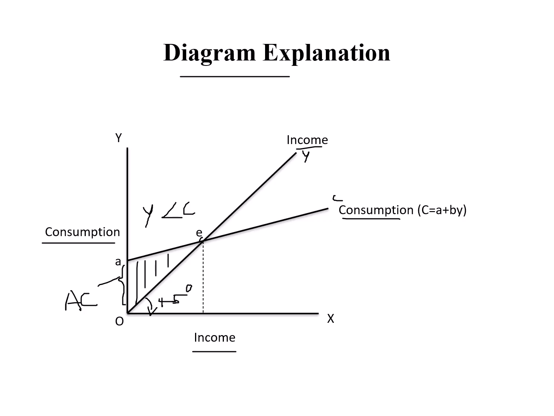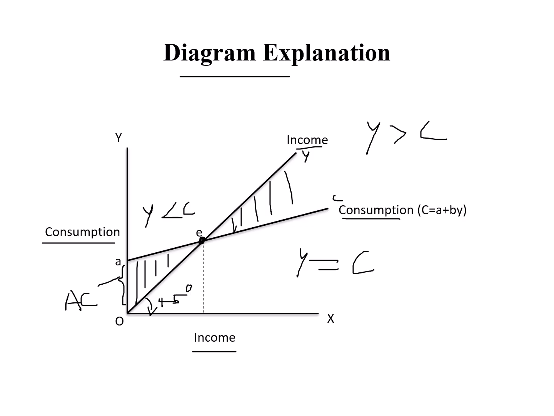And E point represents the equilibrium point. What equilibrium? Income equals consumption, this point. After equilibrium, in this portion, income is more than consumption level.